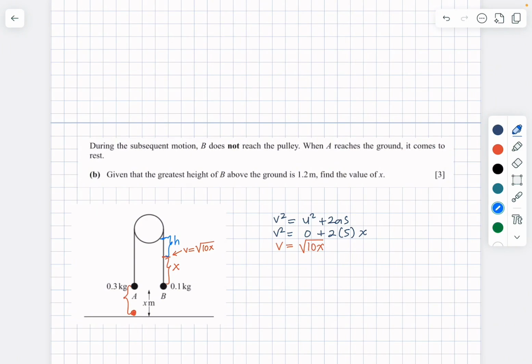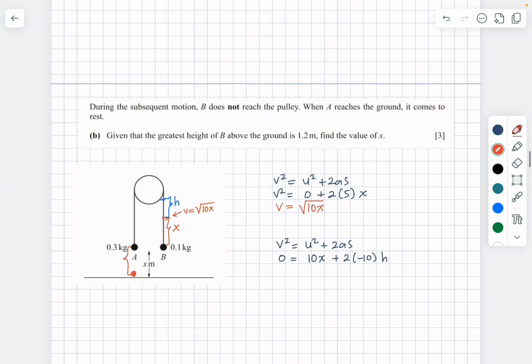To find h, we use this equation with V equals 0. U squared is 10x, plus 2 times negative 10 times h. We resolve this and then we get h equals half x.